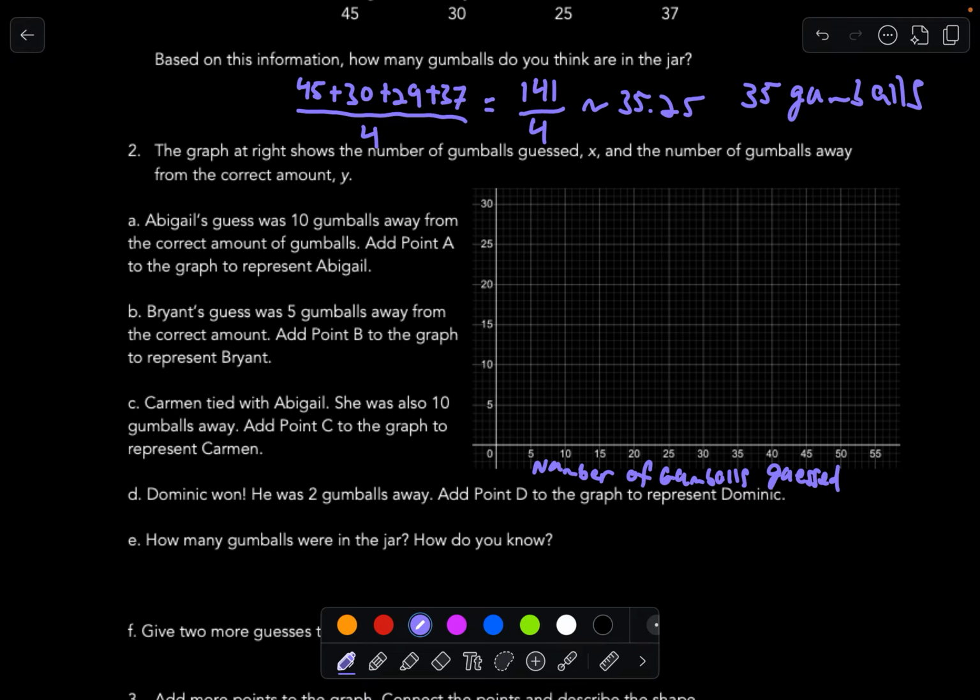So Y is the number of gumballs away from the correct number. Okay. So, for example, A, Abigail's guess was 10 gumballs.